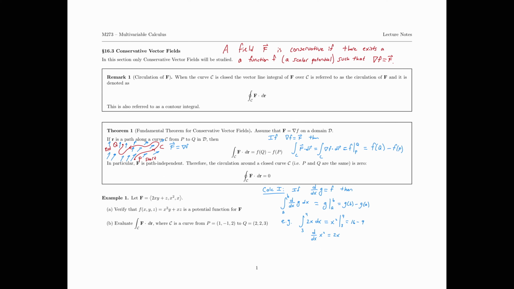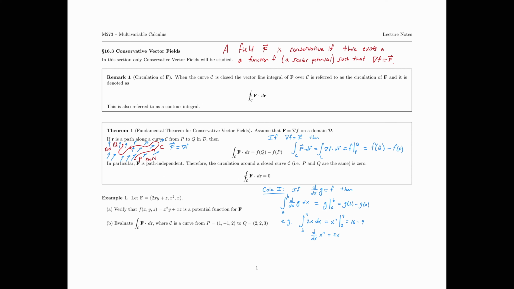So here's where the next notation comes in. You'll see this little circle here. And this circle is really essentially telling us that this path C is a closed path. So if we look up here at remark number 1, this is saying that a path is closed. A path being closed means that the endpoints are connected. So that's a closed path.